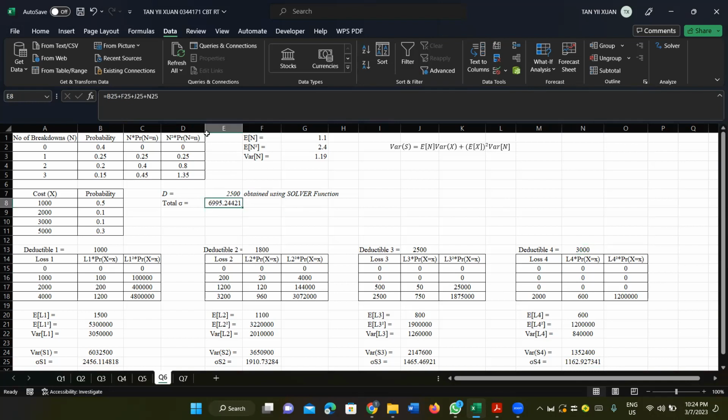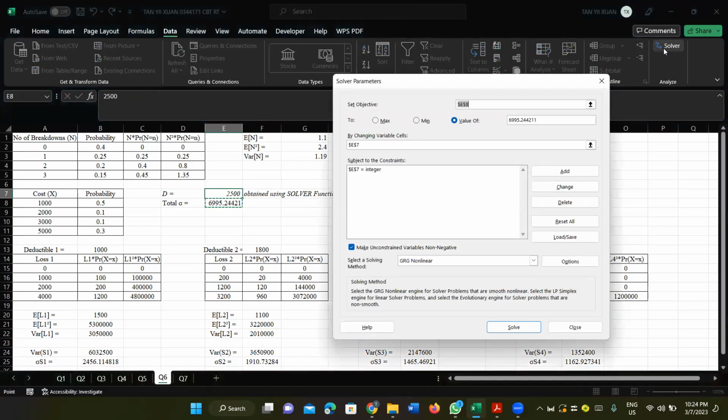Then we sum it all up together, since the question has given that information. To solve for D, we use the Solver function. First, set the objective cell to this one, which is the sum of the standard deviations.